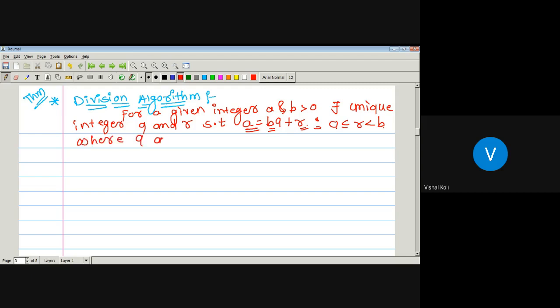Q and R are called quotient and remainder respectively.